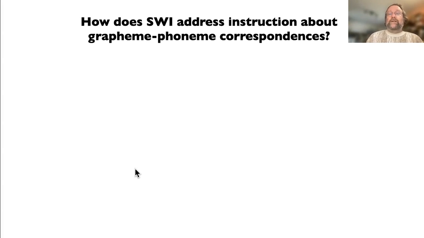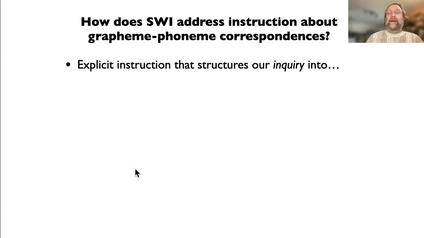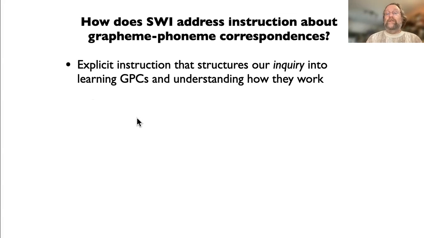So if we ask this question, how does SWI address instruction about grapheme-phoneme correspondences? I hope you see that this is explicit instruction. I'm being explicit all the way through, but it structures our inquiry into learning not only what the grapheme-phoneme correspondences are, we're starting to understand how they work.